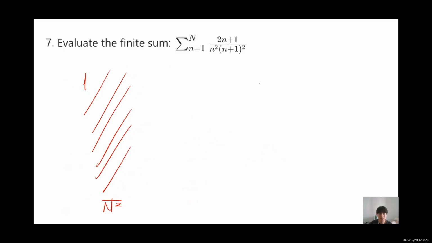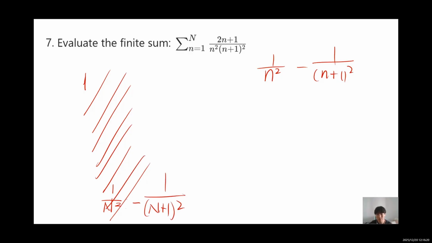All right, I will rewrite the expression here. Plus 1 over n plus 1 squared. And the last term is just 1 over n squared minus 1 over n plus 1 squared. And cancel, cancel, cancel. This is canceled. So only these two numbers are left.